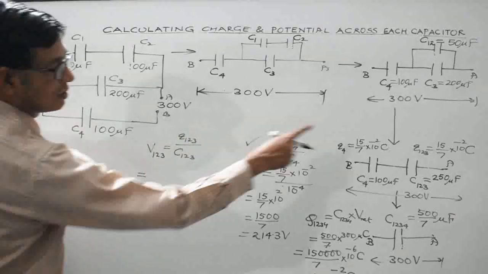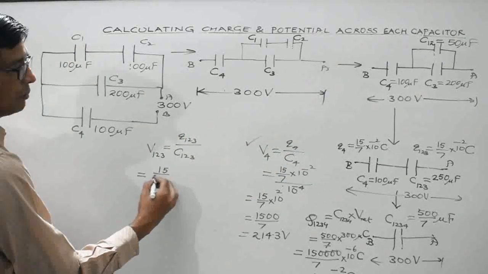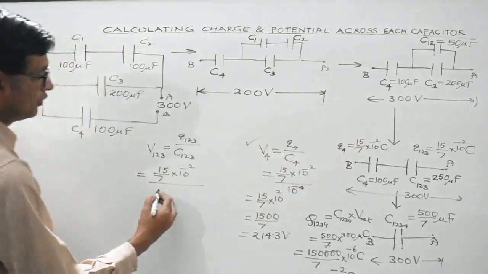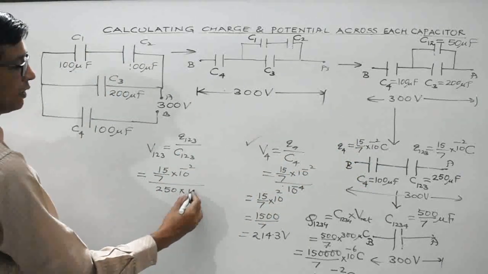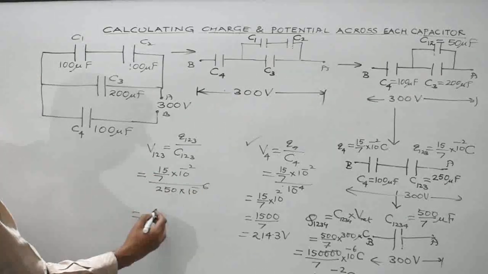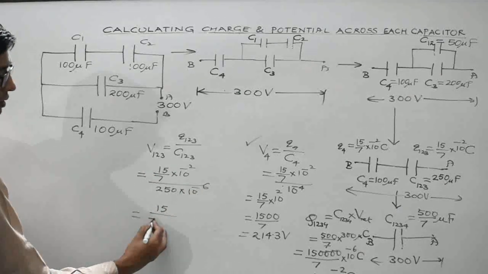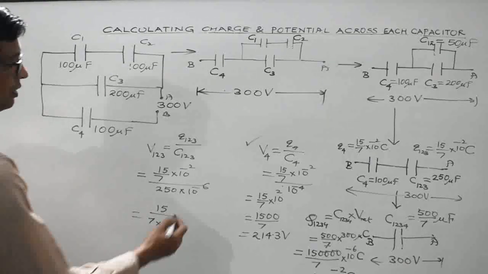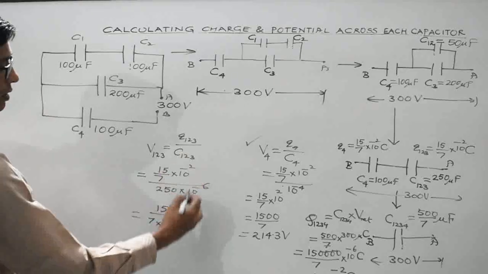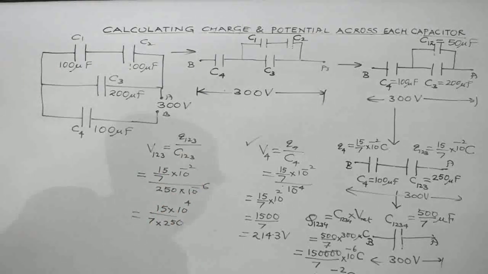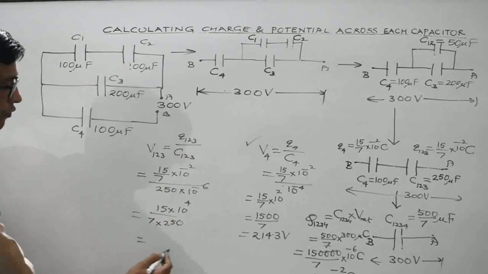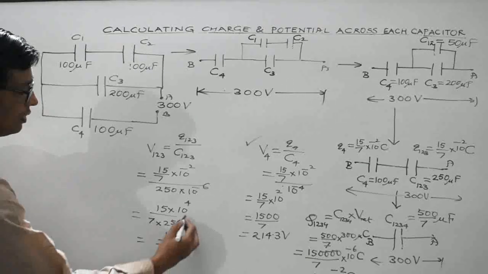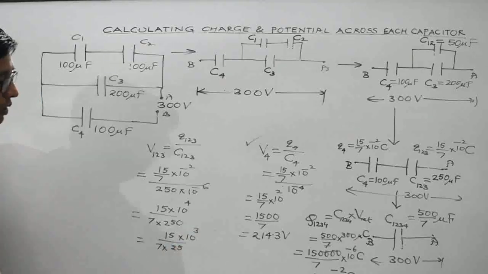So Q123 is 15 by 7 into 10 to the minus 2, C123 is 250 into 10 to the minus 6. So what you get is 15 by 7 into 250 into 10 to the power 4, or we can solve it as 15 over 7 into 25 into 10 to the power 3.